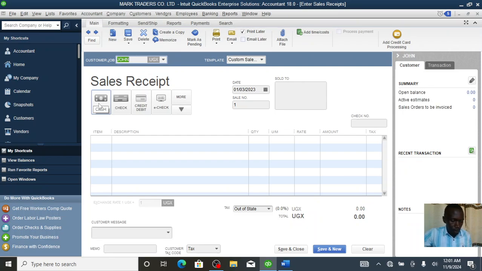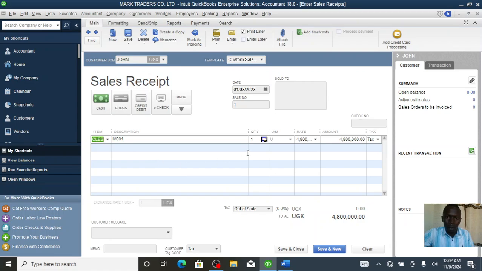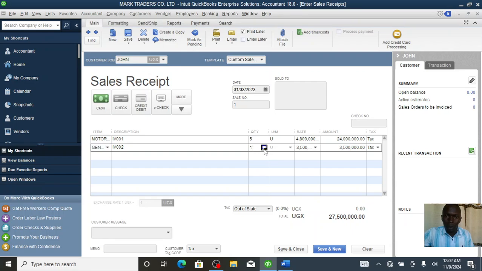They are saying motorcycles bought by check. Then the item name was motorcycles. The quantity was 5. That's 5. Then he also bought generators. The quantity was 3.